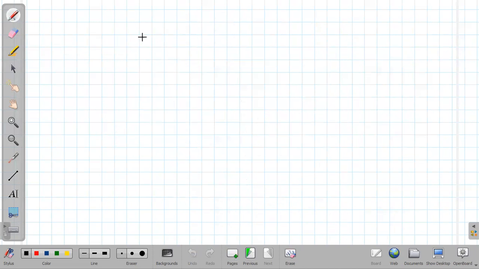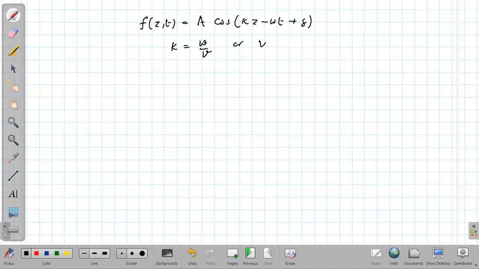So finally, the harmonic wave f of z,t is A times cos of kz minus omega t plus delta, where k is equal to omega by v, or v equal to omega by k.